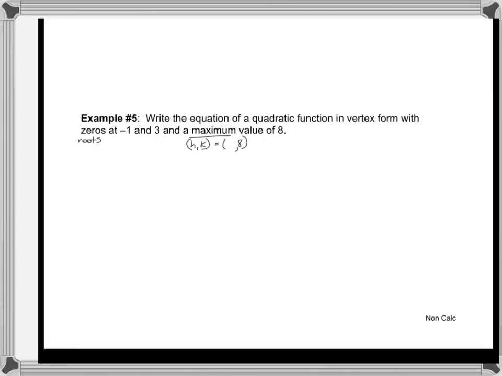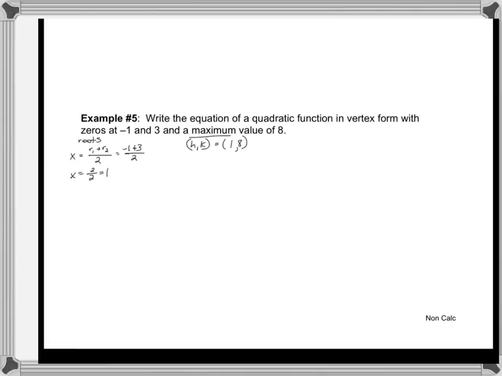Well, I know that if I have roots, remember I could find the x value of the vertex when I'm given roots: root 1 plus root 2 divided by 2. So that's -1 plus 3, or 2 over 2, which is 1.